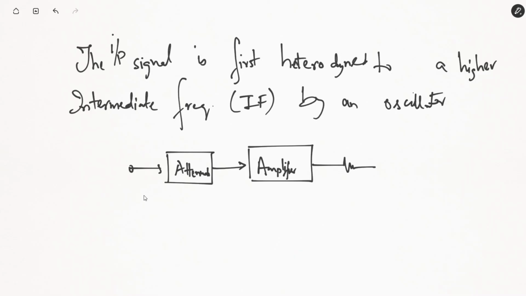So the input signal is actually first heterodyned to a higher intermediate frequency by an oscillator. So using an oscillator, you can actually make sure that your input signal is having the same frequency as the workable frequency range of the RC filter.